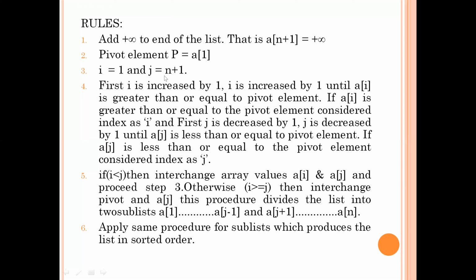I told you that after one iteration of your loop, the pivot will be placed in its right position, and once the pivot is placed in its right position, the elements less than the pivot will be on the left hand side, and the elements greater than the pivot will be on the right hand side.